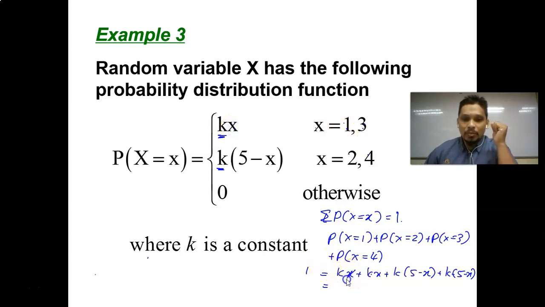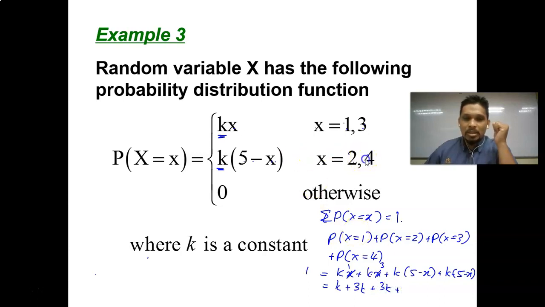So when x equal to 1 and x equal to 3, 1 times k equal to k plus 3k. And the function k times (5 minus x) when x equal to 2 and 4. Substitute x equal to 2 here, 5 minus 2 equal to 3, so 3 times k.